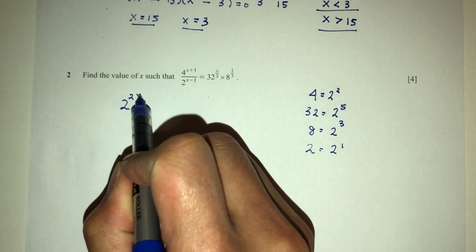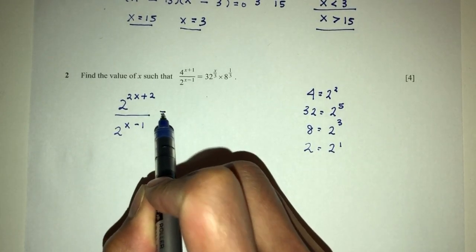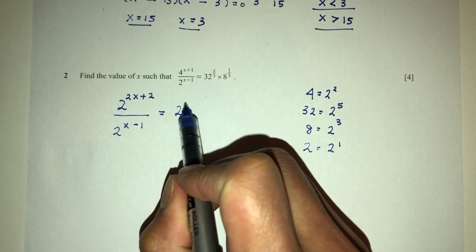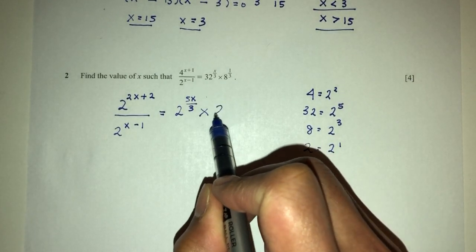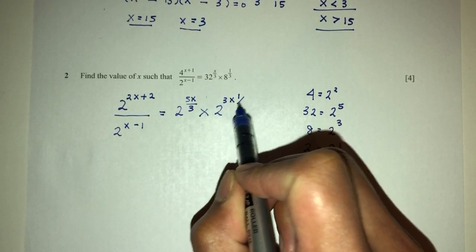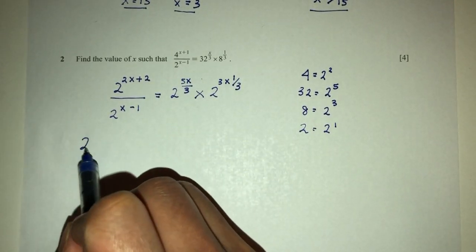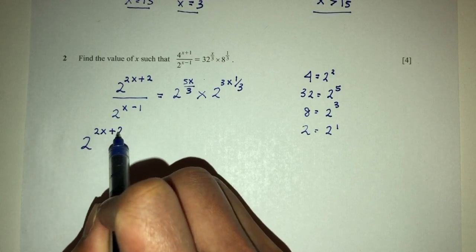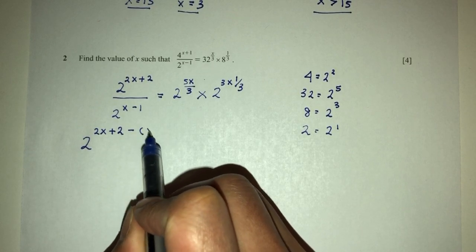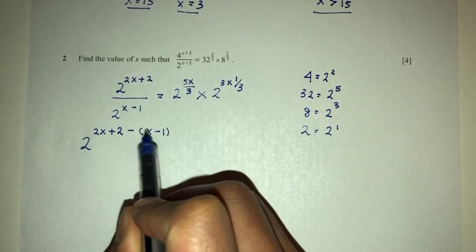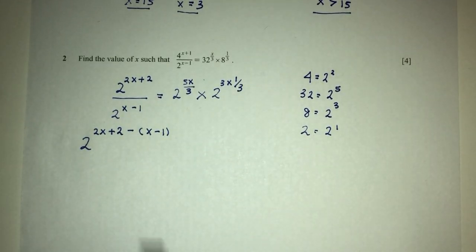Okay, so you will have 2 to the power 2x plus 2 divided by 2 to the power x minus 1 is equal to 2 to the power 5x over 3 multiplied by 2 to the power 3 times 1 over 3. Okay, let's simplify. So here we have 2x plus 2. Now because we have divide, that will become minus, and that will be x minus 1. Here we have to use the law of indices.